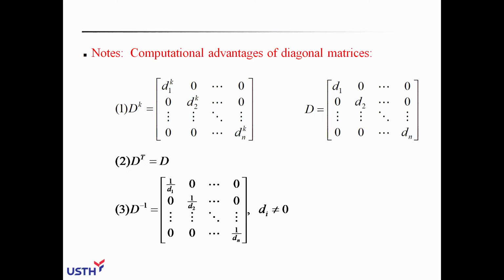A non-zero determinant means D is an invertible matrix. And in that case, D inverse will be given by that. It is again a diagonal matrix, but the entries will be 1 over D1, 1 over D2, up to 1 over Dn. So that is the advantage of a diagonal matrix.